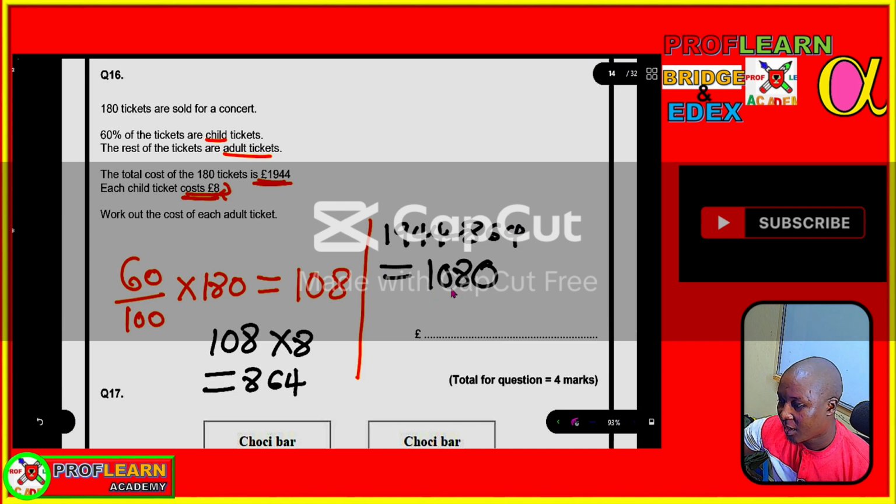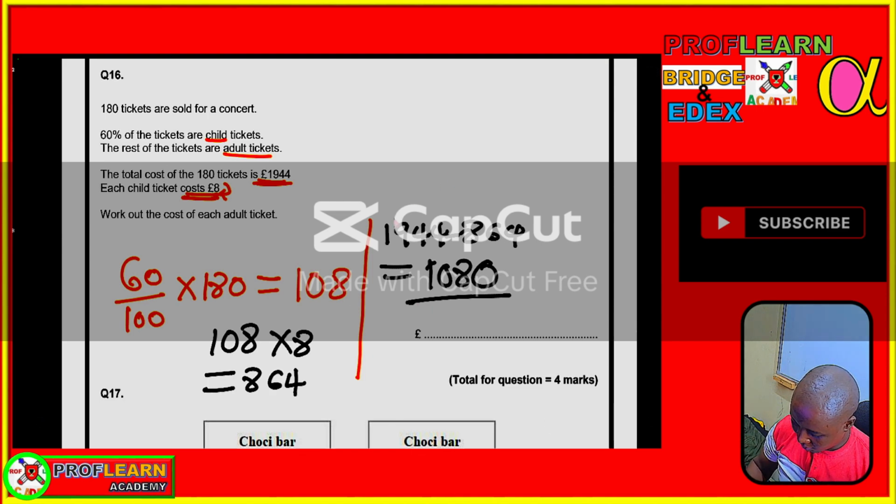1944 minus 864 is 1080. Then how many tickets are for adults? The number of tickets for adults will be 72.